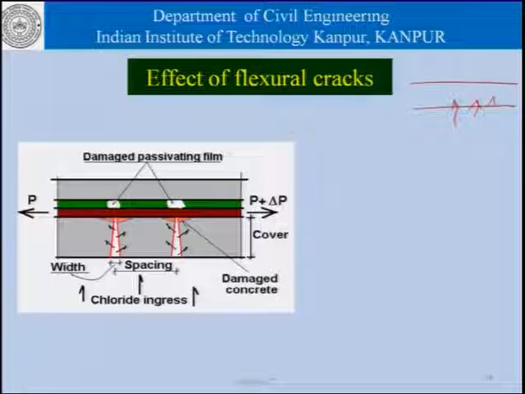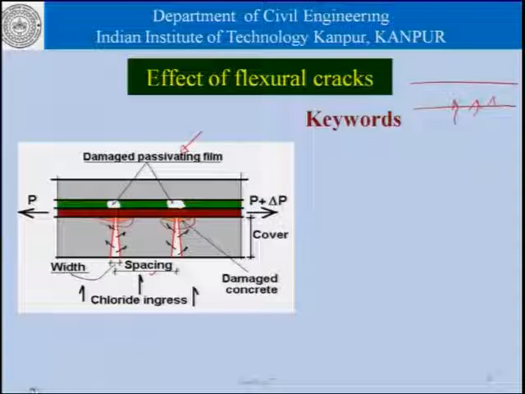We have a certain width of flexural cracks, we have a certain spacing of flexural cracks. This causes local damage around the reinforcing bar, and it is likely to damage the passivating film again in the neighborhood of the cracks.